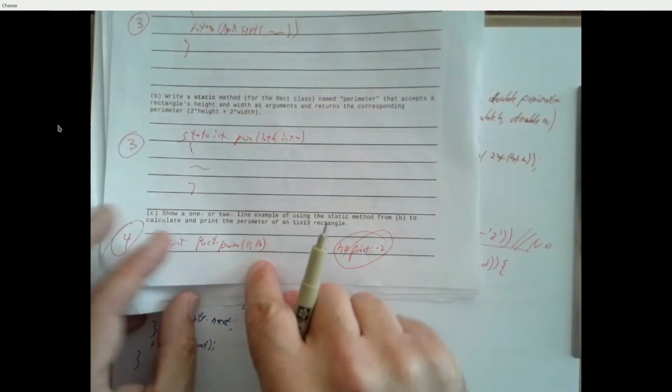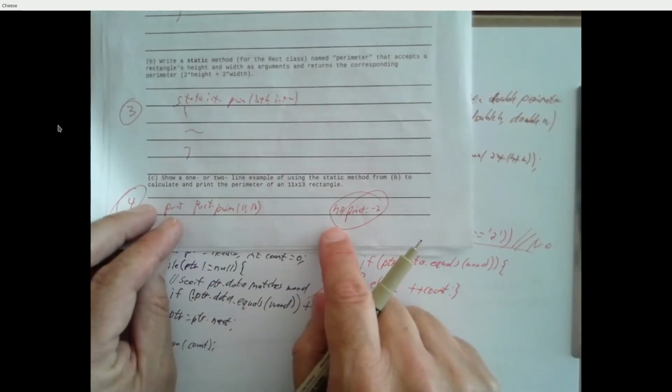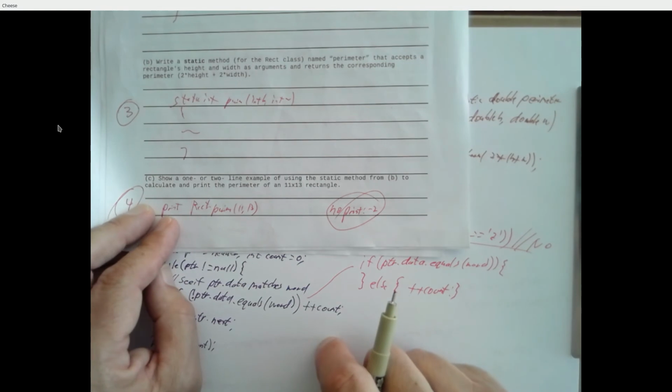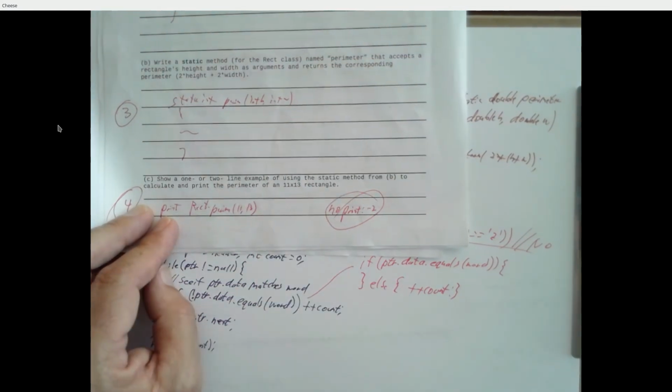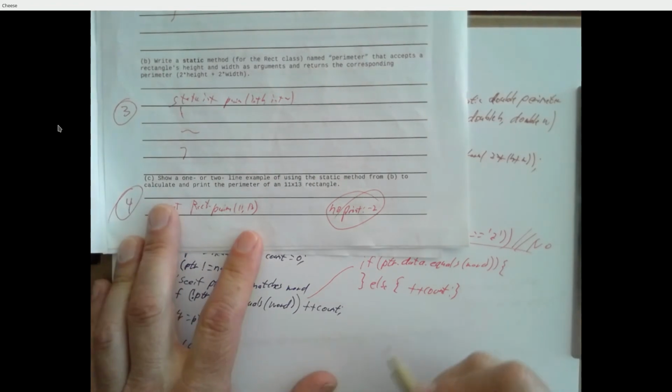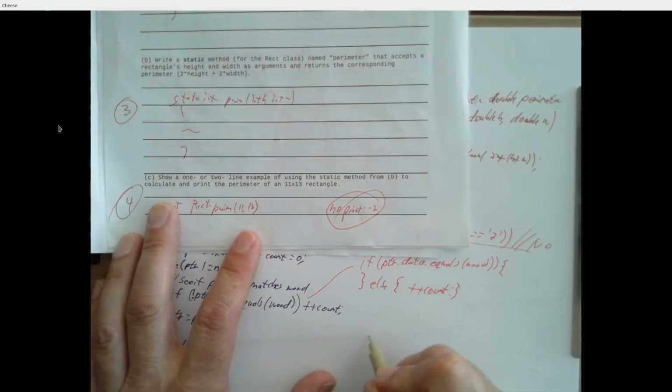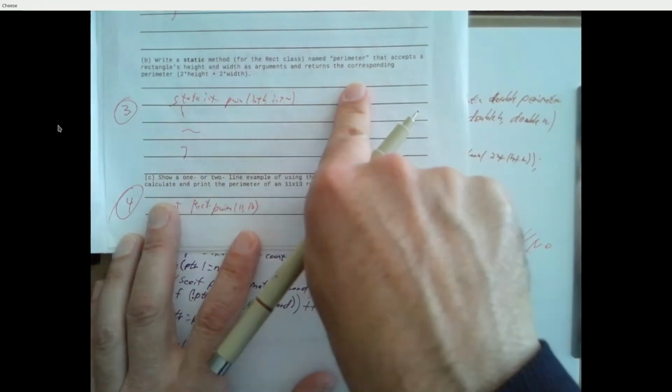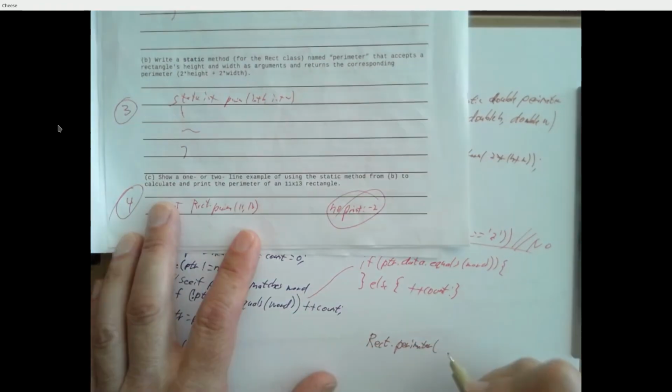All right, and then part 3 was looking for a 1 or 2 line example to use that method from part B to print the perimeter of an 11 by 13 rectangle. So we can invoke a static method by using the name of the class, in this case Rectangle, followed by the method name. And we wrote the perimeter method to accept a height and a width, so we can call it with 11 and 13.